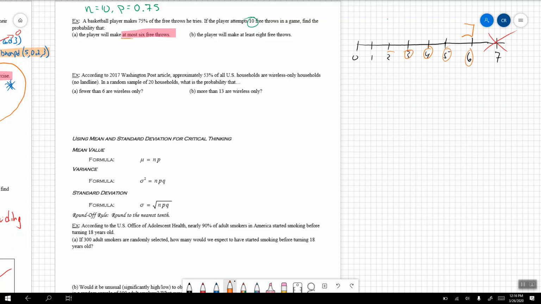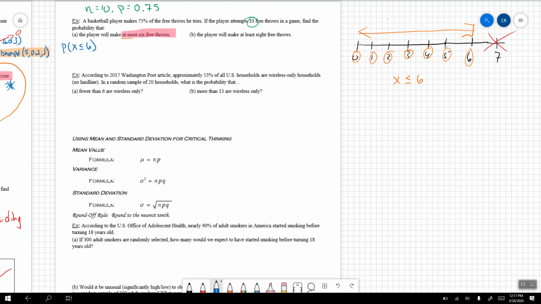Could he make 3, 2, 1, or no free throws? Yes, which means we want all of these probabilities here. So finding all of those probabilities, I'm going to say that this is going to be x is less than or equal to 6. X being any number, 0, 1, 2, 3, 4, 5, and possibly even 6. So coming here to this probability, I'm going to say the probability that x is less than or equal to 6. That translates into at most 6 free throws.